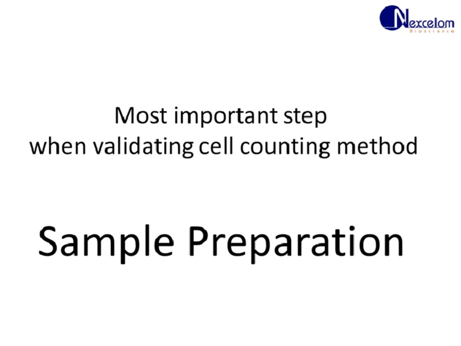Make sure you vortex, make sure you follow the exact same procedure, not letting the cells settle. These are all very important points that we have discovered over the years to make sure that the cell counting procedure is properly done when validating the cell counting methods.